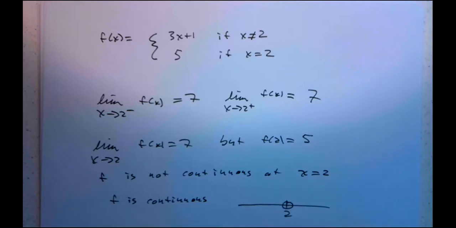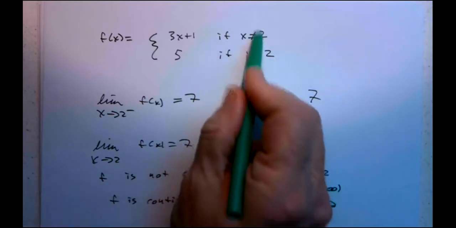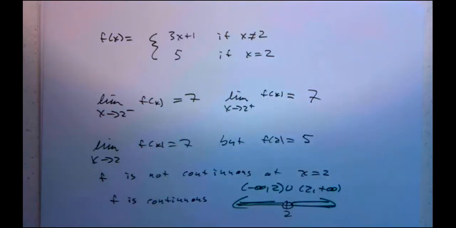So we remove 2, we shade either side. We get negative infinity to 2 union 2 to positive infinity. That's where it's continuous. So the breakpoint in a piecewise function is always going to be a place for us to examine, because that's going to behave a little differently than other sorts of things.